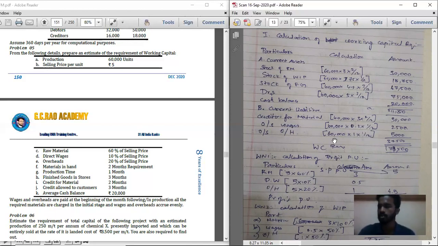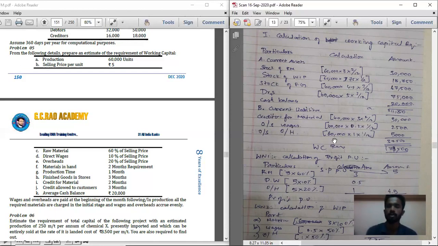30,000 plus 2,500 plus 5,000. Total it: 37,500. In respect of the 37,500, put total. So total current assets is 2,11,250 and total current liabilities is 37,500.